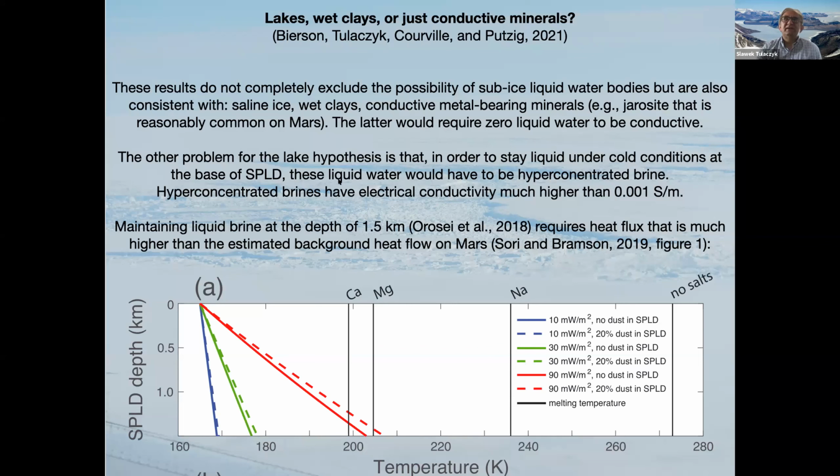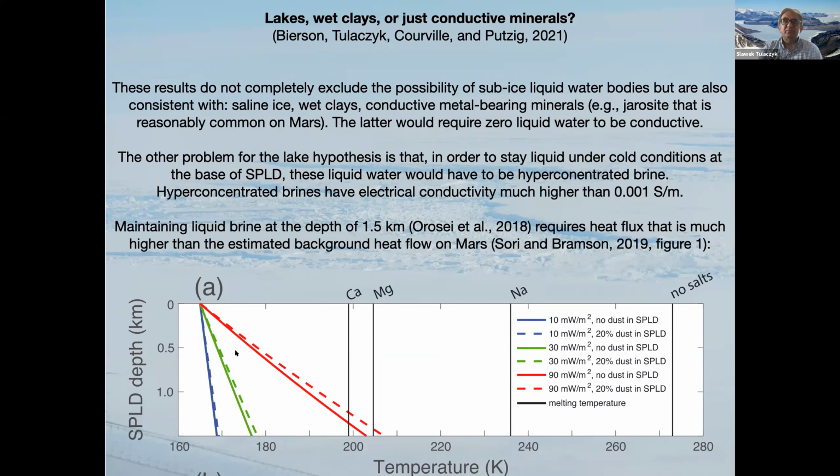So I think it is very unlikely that the results of our paper are still consistent with a briny lake. And then there's the general problem that maintaining liquid brine at a depth of 1.5 kilometers on Mars requires heat fluxes that are several times greater than the typically estimated heat flow on Mars.